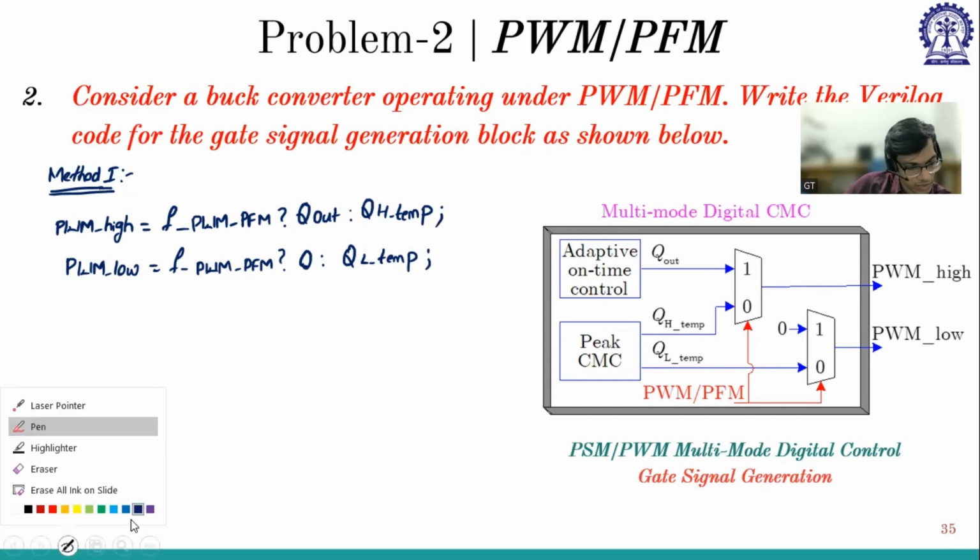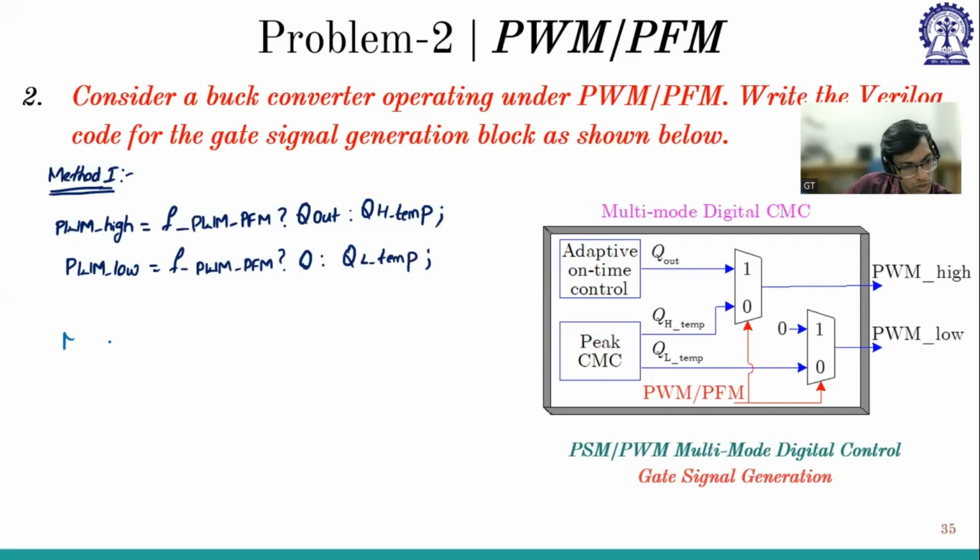The other one is method 2. In method 2, I can write something like this: if F_PWM_PFM is 1, then I will write assign. If it is not a wire, then I will write assign PWM equal to.